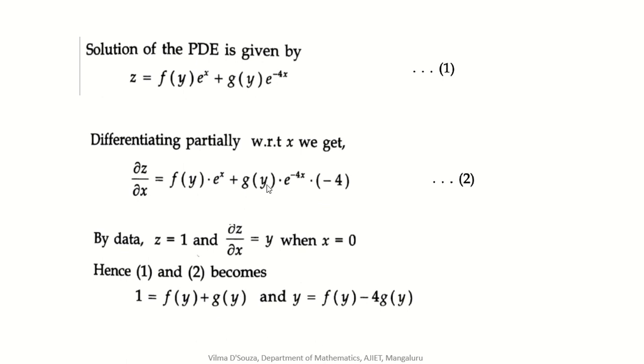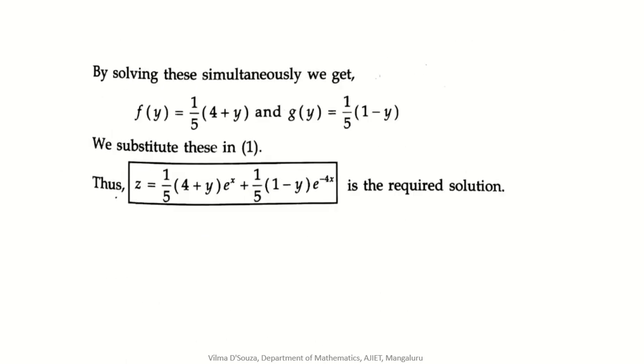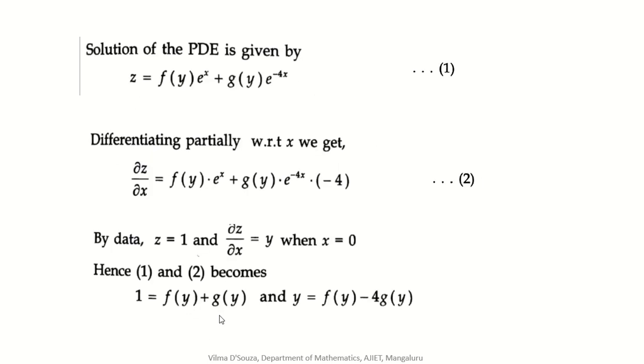g(y) is 1 by 5 into 1 minus y. By substituting the value of g(y) in one of these equations, you can get what f(y) is, or you can multiply this entire equation by 4, because you have here minus 4 with the g(y).